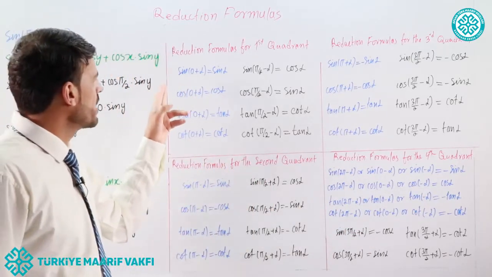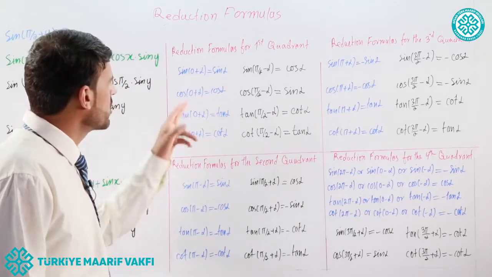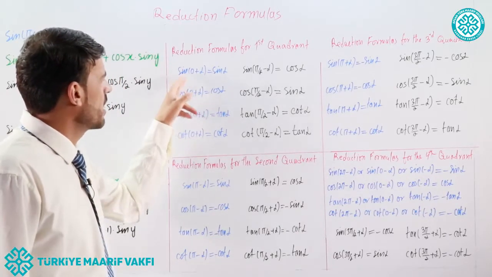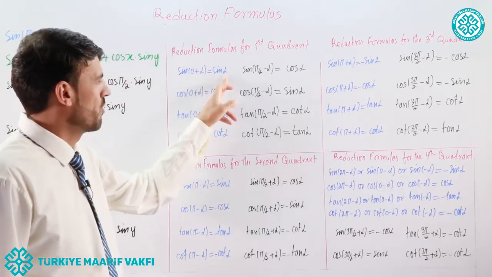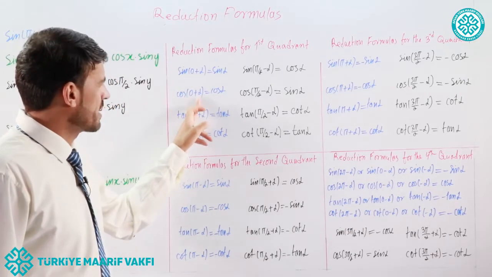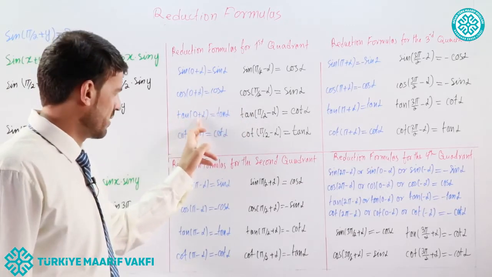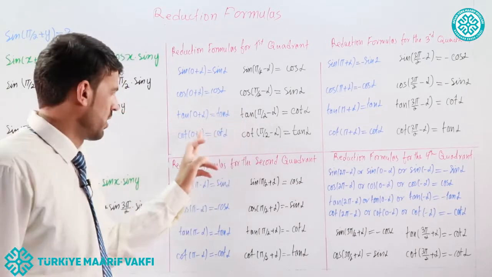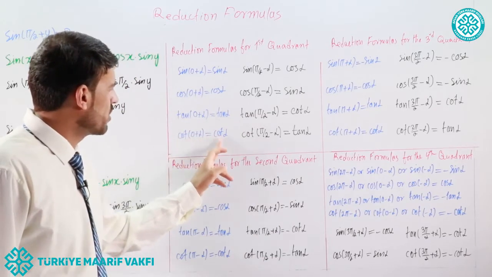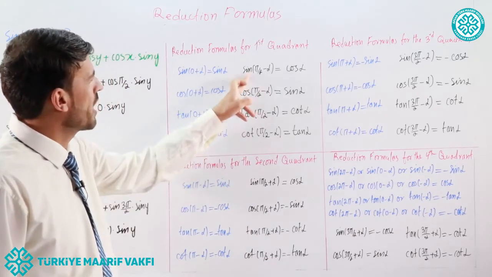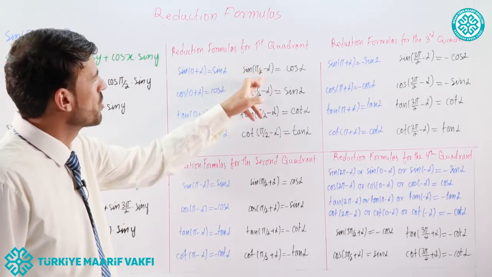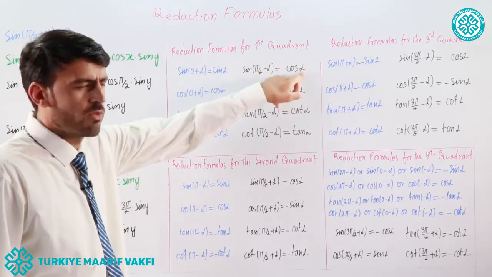We can write the reduction formula for 0 plus alpha: sine of 0 plus alpha is sine alpha. Cosine of 0 plus alpha is equal to cosine alpha. Tangent of 0 plus alpha is equal to tangent alpha. Cotangent of 0 plus alpha is equal to cotangent alpha. Also, sine of pi over 2 minus alpha is equal to cosine alpha.